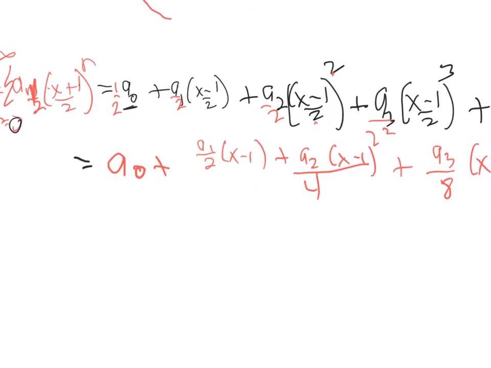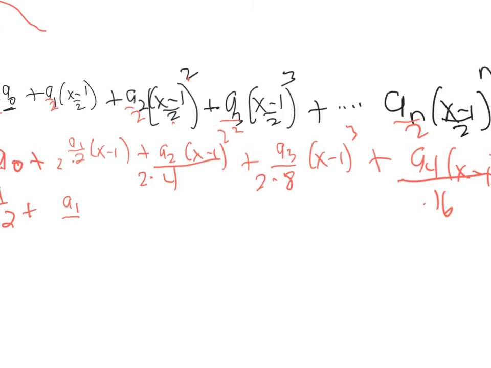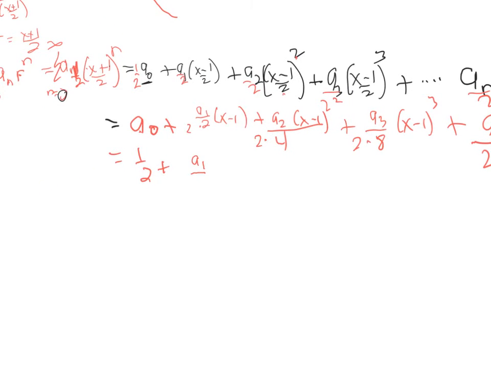So how does that change my answer? A sub 0 is going to be the 1/2. Then I'm going to have a sub 1 over, this becomes, everything is times 2 in the denominator, of 4x plus, these are all pluses, what did I end up, minus, minus.